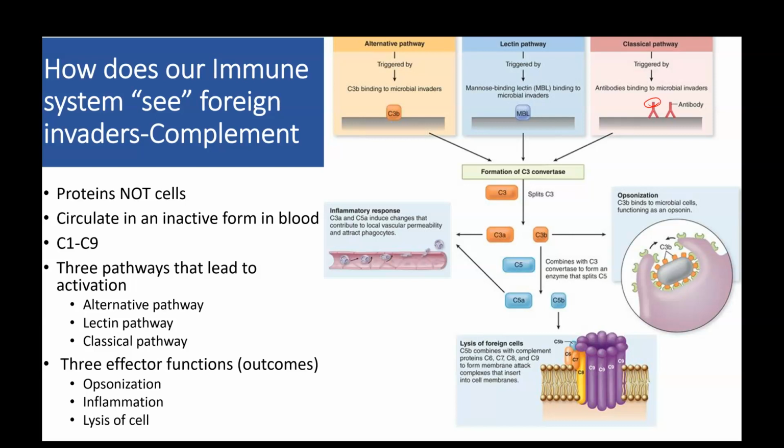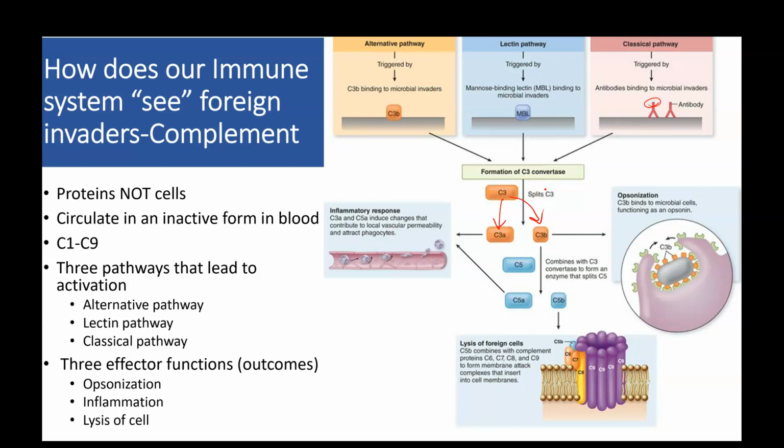All 3 of these will eventually form a protein called C3 convertase. C3 convertase splits the complement protein C3 in half. So C3 will split into C3a and C3b.